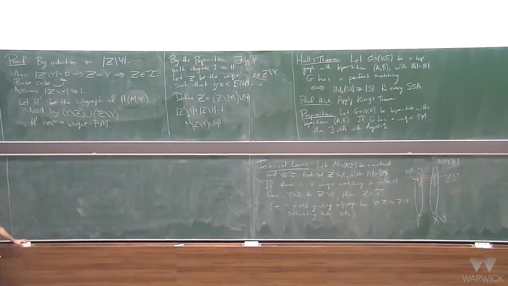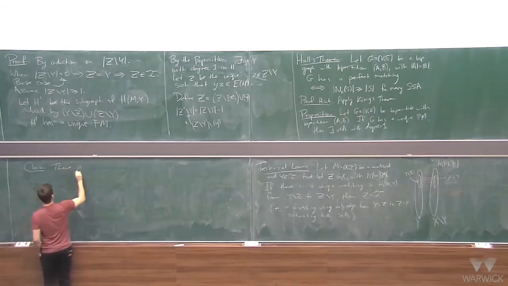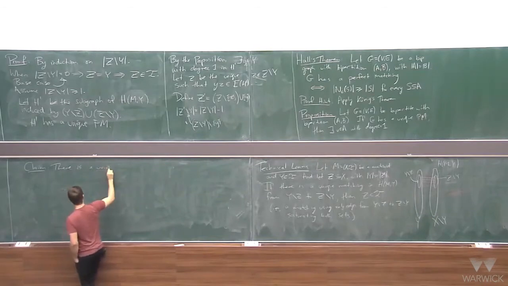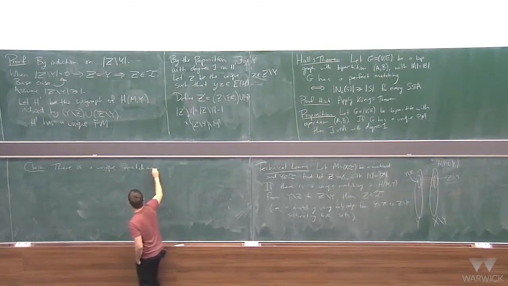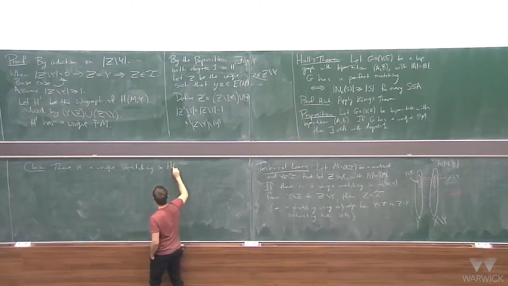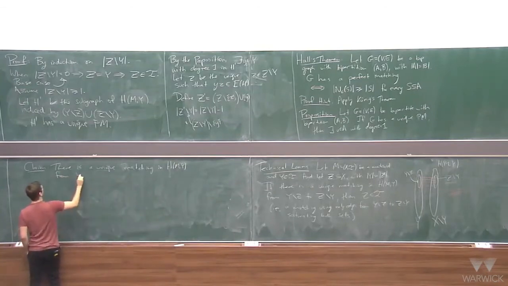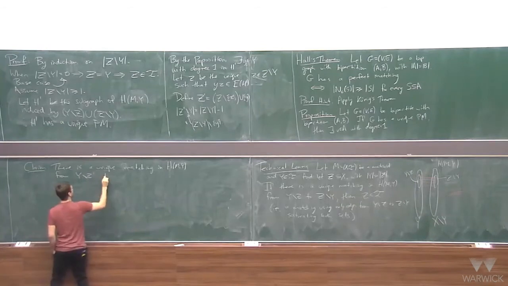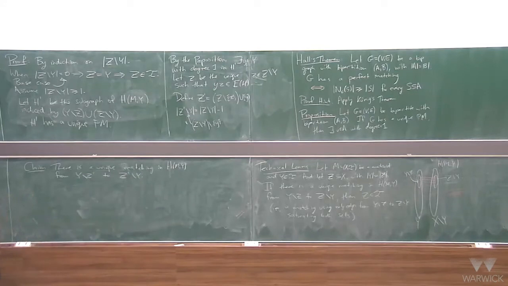Okay, so I claim that there is a unique perfect matching in HMY from Y minus Z prime to Z prime minus Y. And if that's true, then we can apply the inductive hypothesis to Z prime.